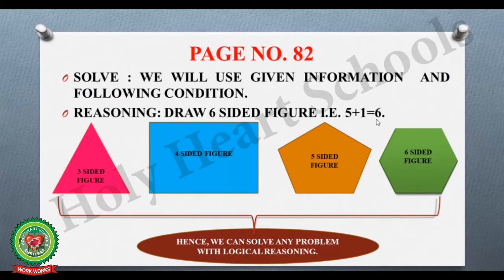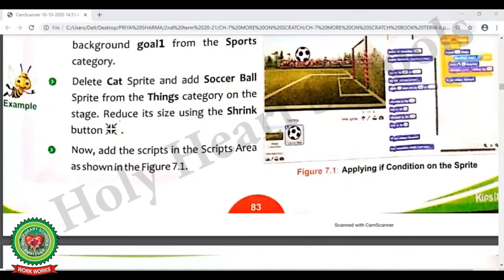A six-sided figure is known as a hexagon. So we have drawn the last figure, the six-sided figure hexagon. Hence we can solve any problem with logical reasoning. Now again look at your book at page number 83.